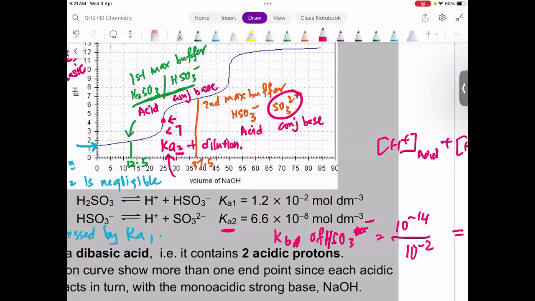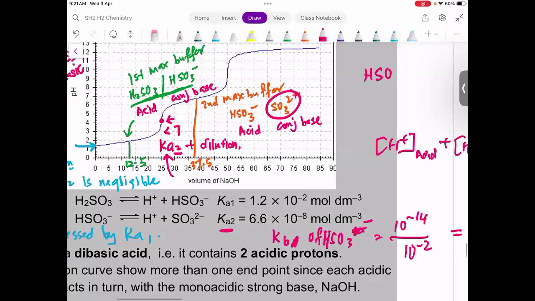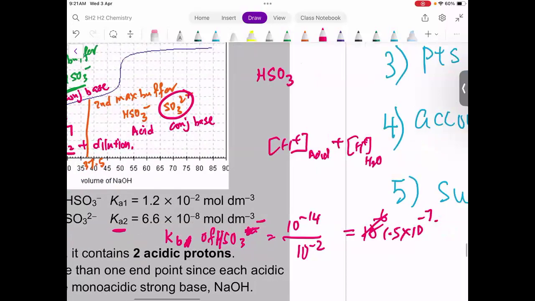No, it's not the criteria for buffer, because Sebastian recognized that hydrogen sulfite can be an acid, a proton donor, or a base to accept a proton. The HSO3 minus can lose an H plus to form sulfite, or can gain an H plus to form sulfurous acid at that first equivalence point.